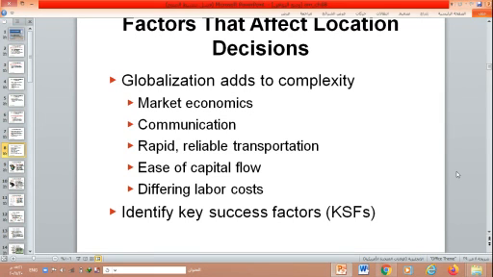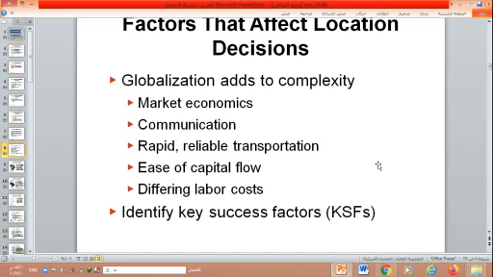And as we said before in chapter number 2, globalization has taken place because of the development of market economies, better industrial communications, more rapid and reliable travel and shipping, ease of capital flow between countries, and also high differences among labor costs. Okay, so many firms now consider opening new offices, factories, retail stores, or banks outside their home country.